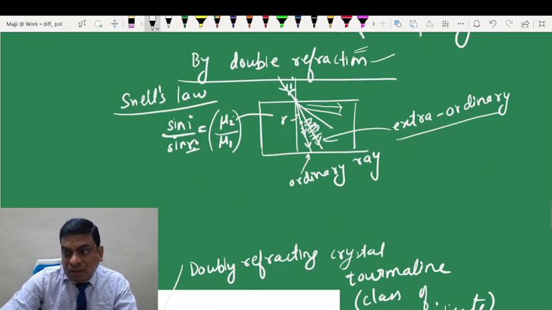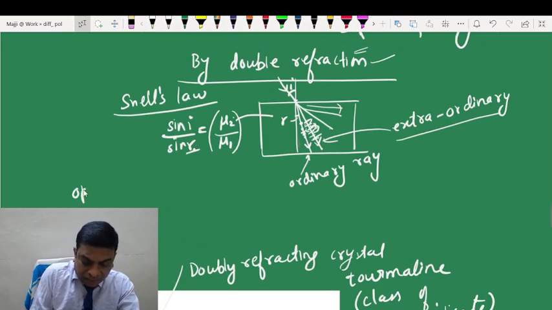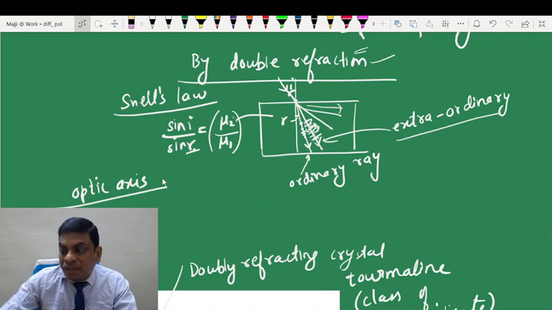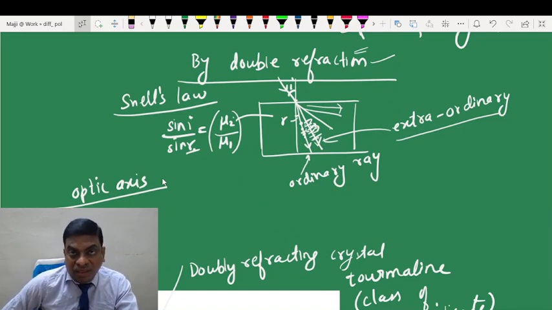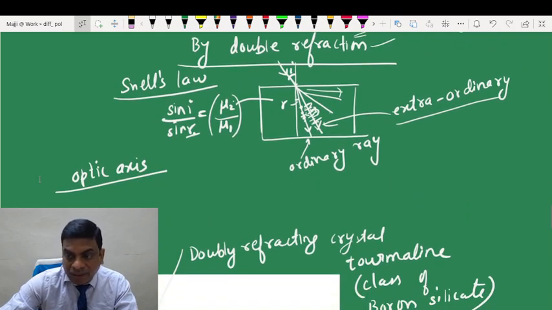But there are one or two directions which are known as the optic axis, along which the light does not split into two different rays. That is, double refraction doesn't take place along the optic axis. Certain crystals have a single optic axis, certain crystals have a double optic axis.